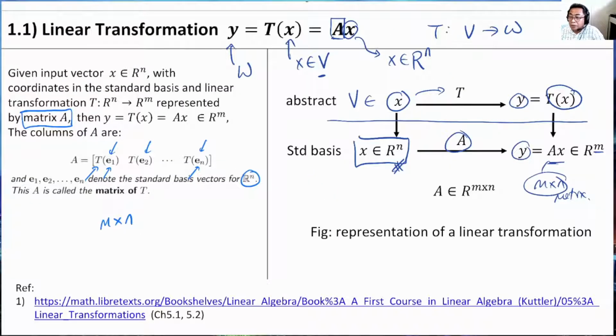So in this slide, we understand that the linear transformation T can be represented concretely by a matrix A of dimension m by n, given that X belongs to Rn and Y belongs to Rm.